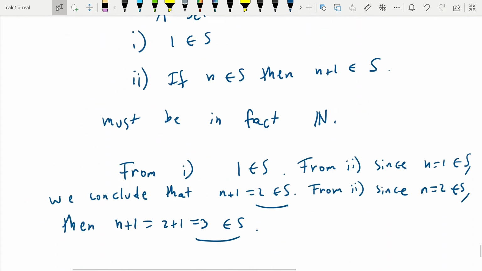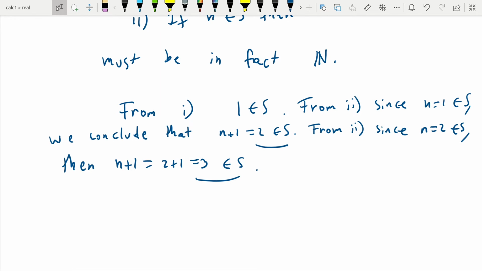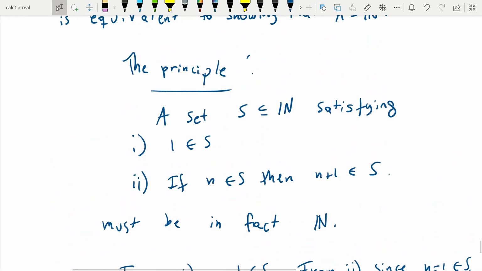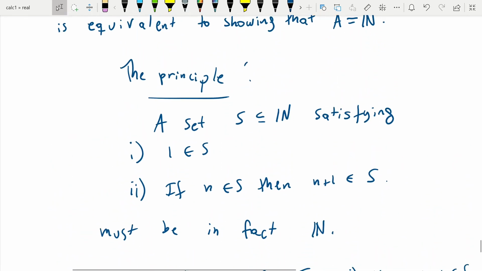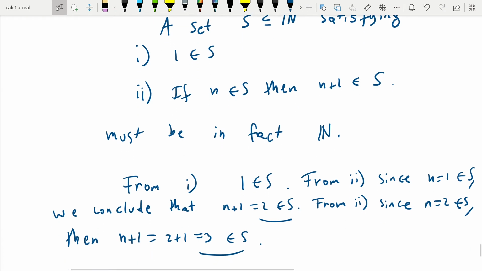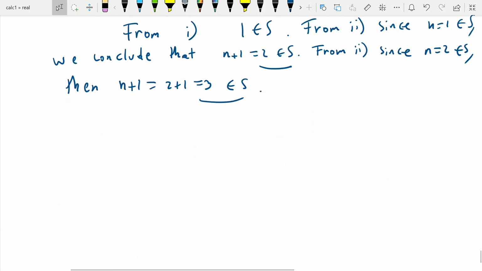The fact that this principle works is at the core of the definition of the natural numbers. So you can think of it as working because that's how you can define the natural numbers.